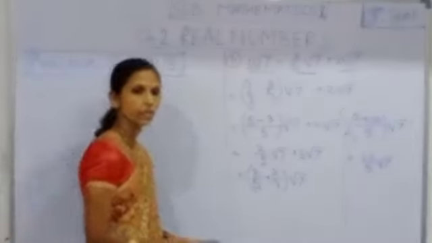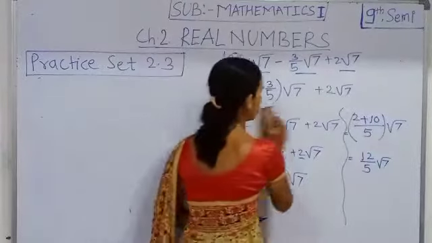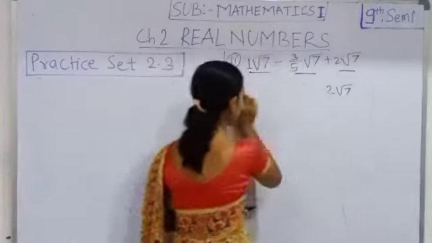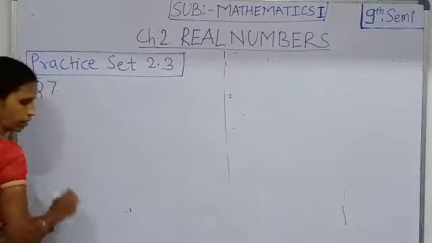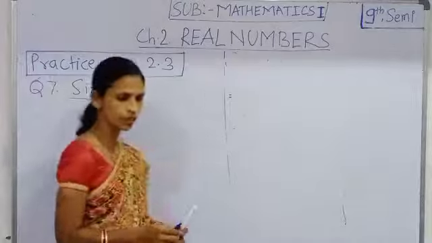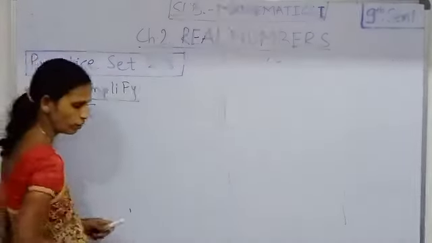Then see here, in question number 7, a few more examples are given. In question number 7, we have to simplify. The first example given here is 3 root 12 into root 18.